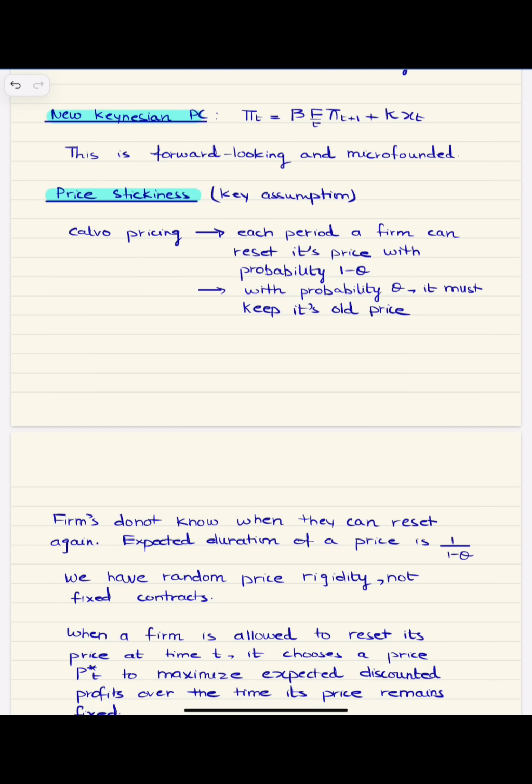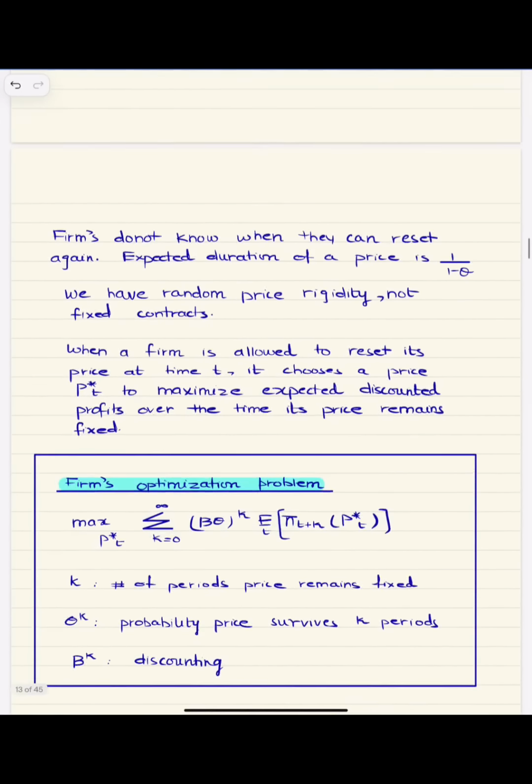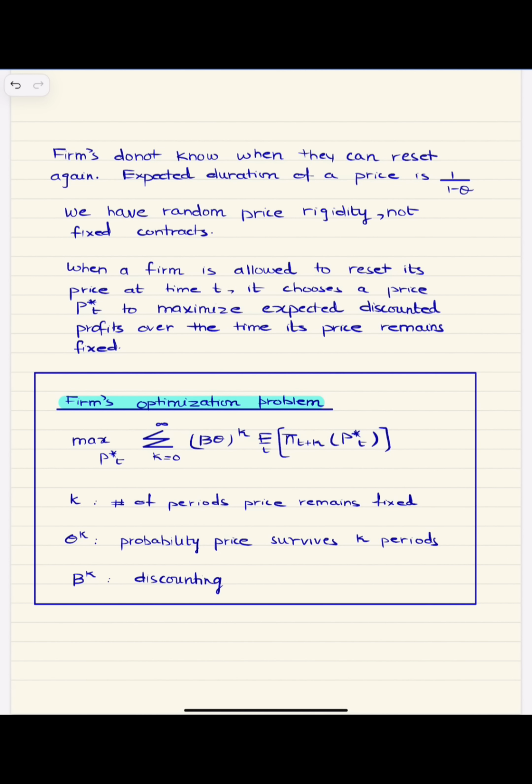So a theta share of firms are stuck with their old price and cannot update, and the rest are able to update. Firms don't know when they can reset again. The expected duration of a price is 1 over 1 minus theta. We have random price rigidity, not fixed contracts.